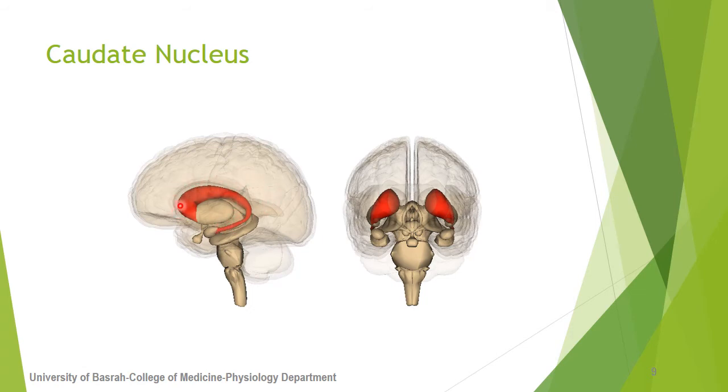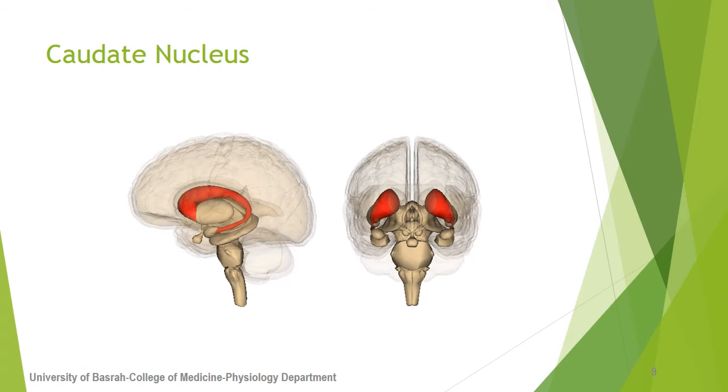And because of that shape, it will pass adjacent to many parts of the cortex. It will lie adjacent to most of the lobes. As we can see, it's adjacent to frontal, parietal, occipital, and even to temporal, where it curves.